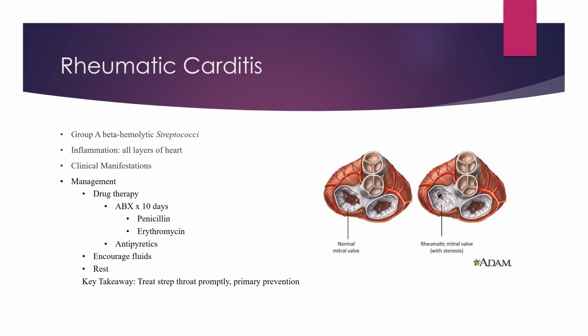Rheumatic carditis is a particular manifestation of rheumatic fever that affects the heart. It affects all layers of the heart, and it particularly causes chest pain, breathlessness, palpitations, and signs and symptoms of heart failure. So review again your right and left symptoms of heart failure.